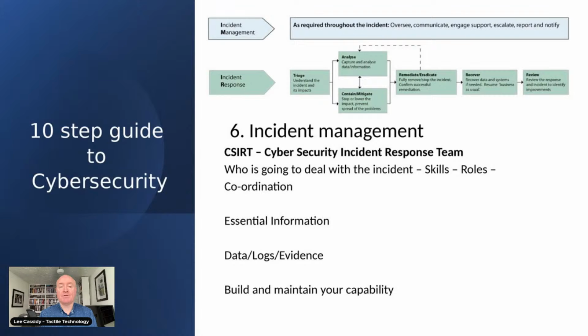So that was a really quick 15 minutes for me. Hopefully it's given you a bit of a picture of what you need to do from an incident management perspective. But the key things are detect it, triage it, analyze, contain and mitigate, remediate or eradicate the actual situation, and then recover and review.